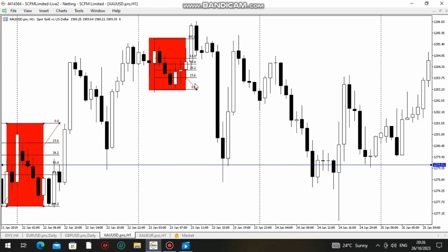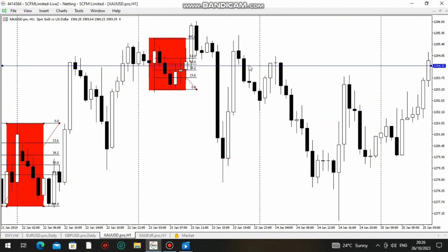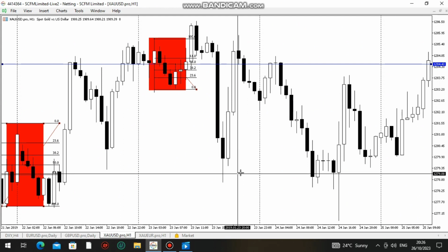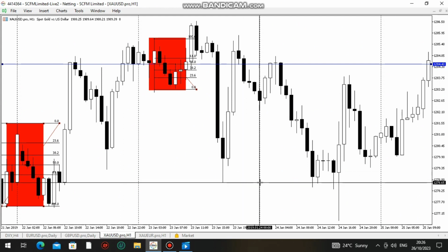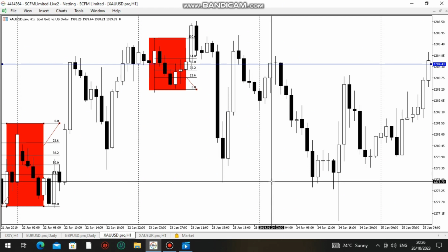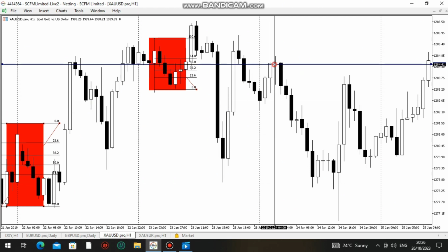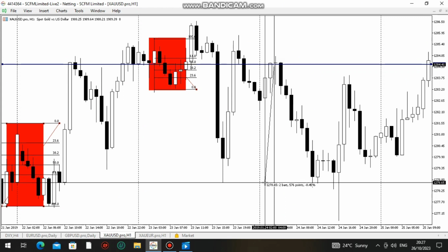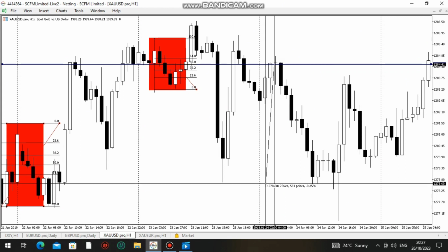Price retraces, comes back, hits the 50% main threshold, doesn't hit my stop loss, which is supposed to be here, and expands up to my optimal take profit point, which is my immediate lowest point made before the retracement. So this will be about how many? This will be about 58 points. And that's for today.